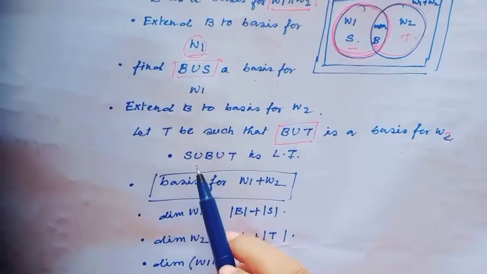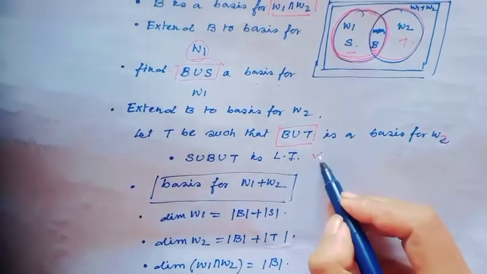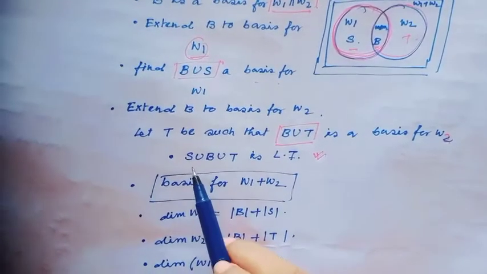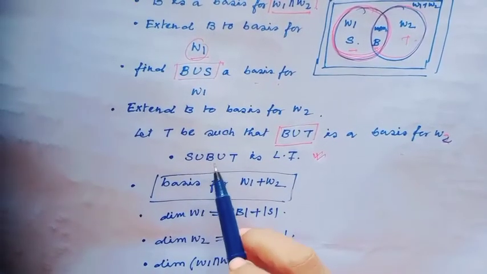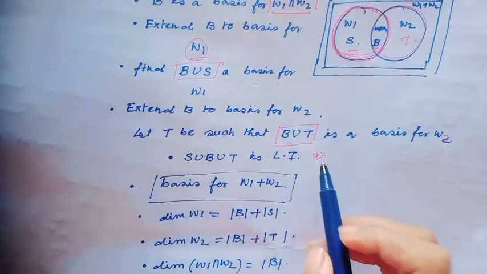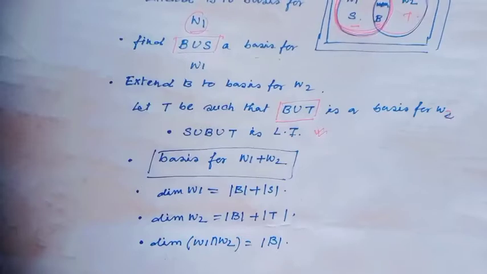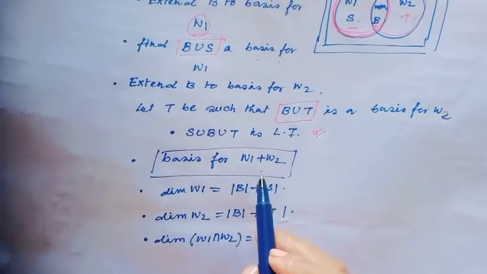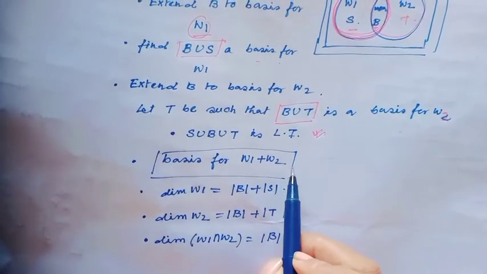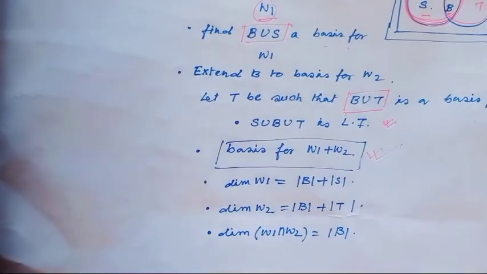Now we have to prove, and this is actually a somewhat difficult proof, that S union B union T is linearly independent. Then this is the basis for the sum W1 plus W2. We have to prove this.